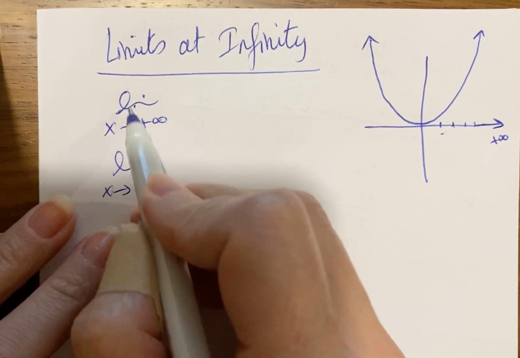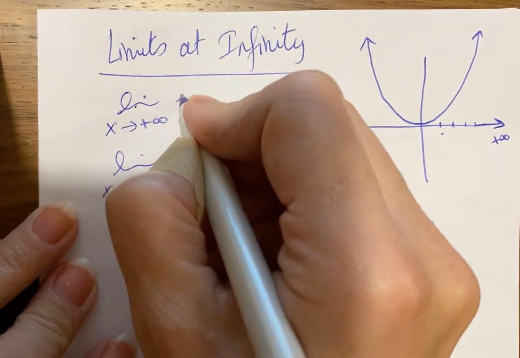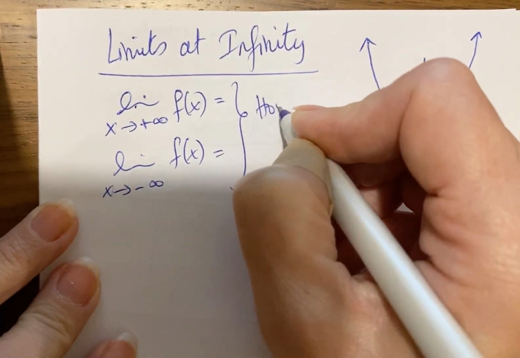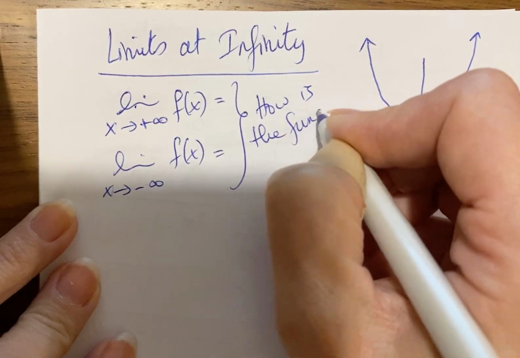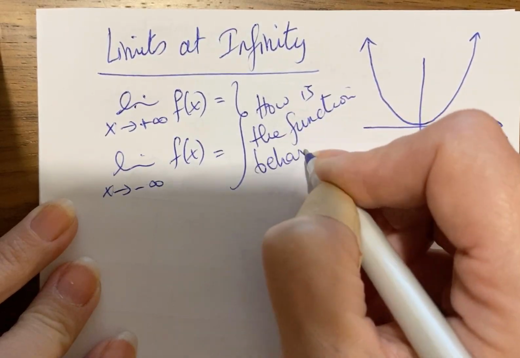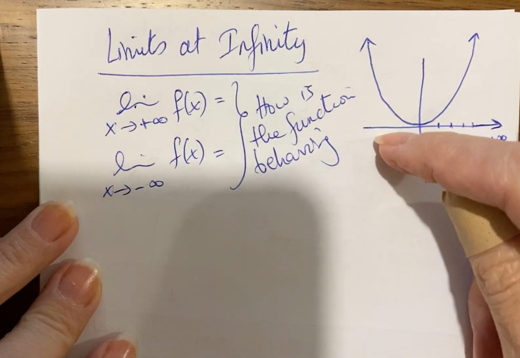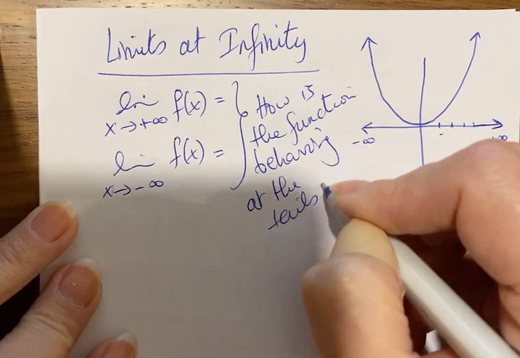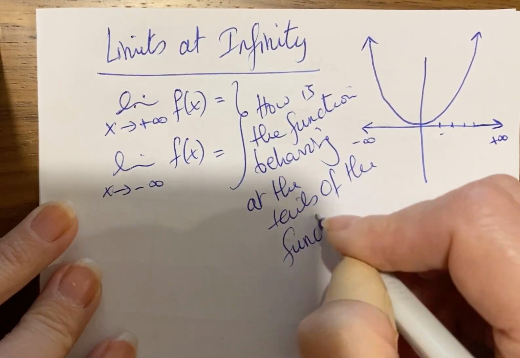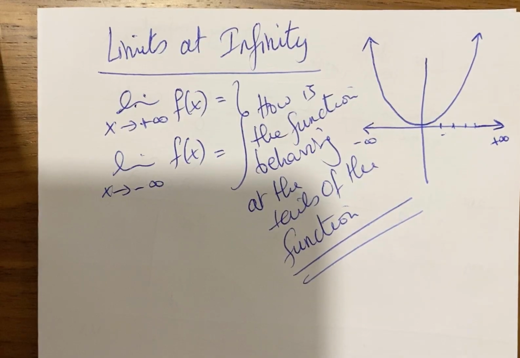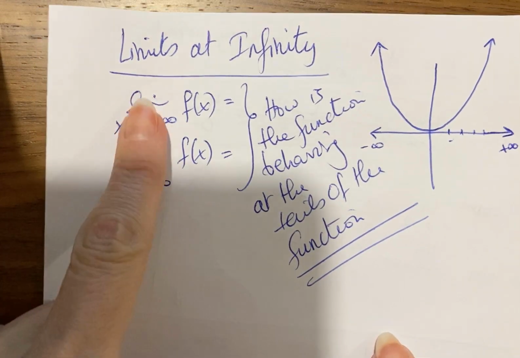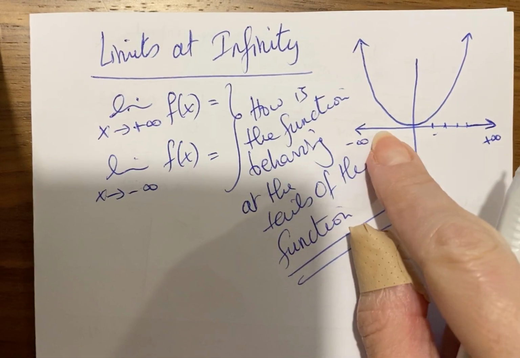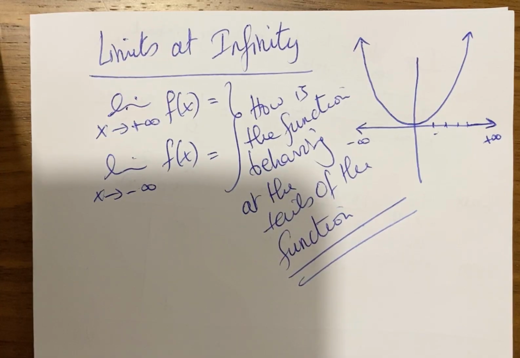Asking about limits at infinity, a limit like this of a function is like asking how is the function behaving when x grows to infinity or when x goes to minus infinity. So those are the tails of the function. We have two tails for the function only. That's why those are the only tails we ask about. What is happening when x goes to plus infinity and what's happening as x goes to minus infinity.